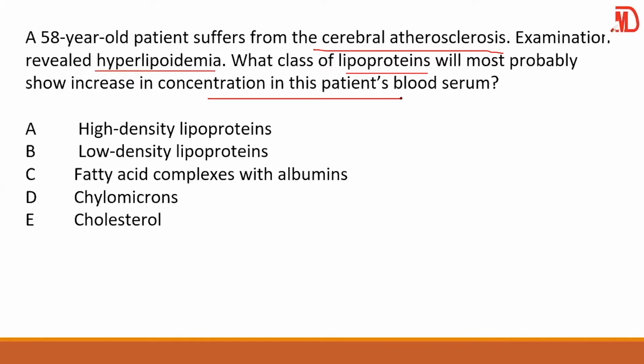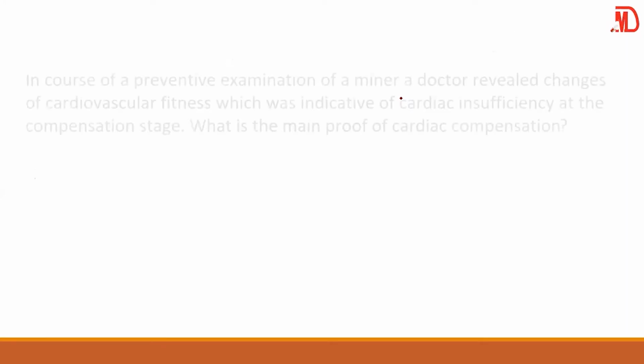Then we have the good lipoprotein, also known as HDL, which transports cholesterol from the cells and tissues back to the liver. So it removes cholesterol from the cells into the liver, and we call it the good cholesterol. People who develop atherosclerosis have a lot of bad lipoprotein, also known as LDL, low density lipoproteins. So the answer is what?